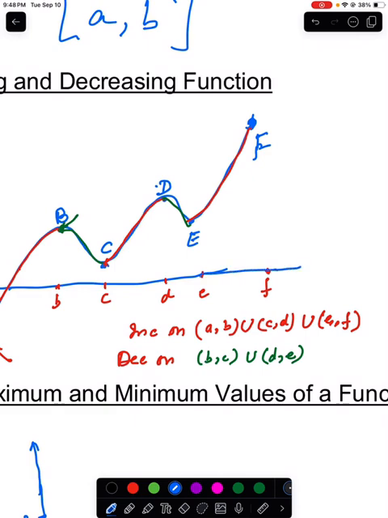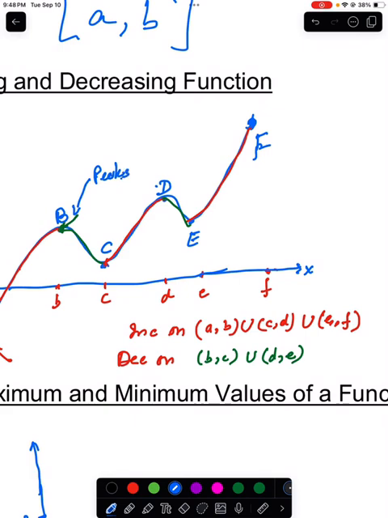Now these points, these bumps, normally we call these peaks. So these are peaks, this one and this one.